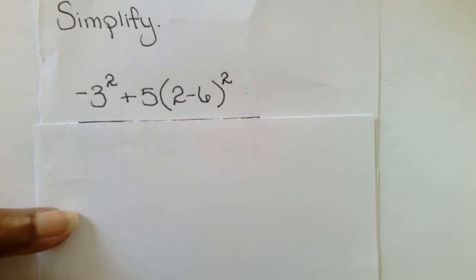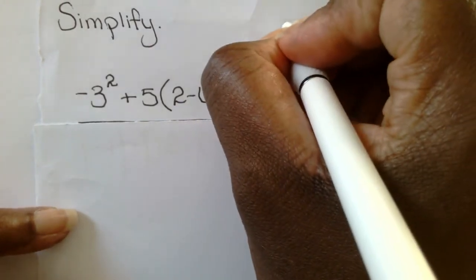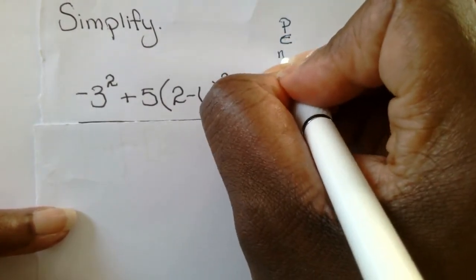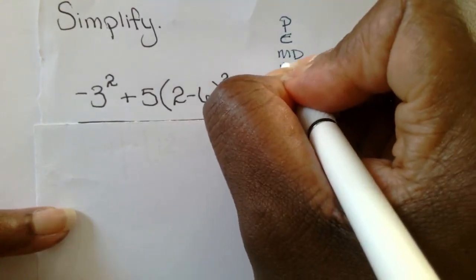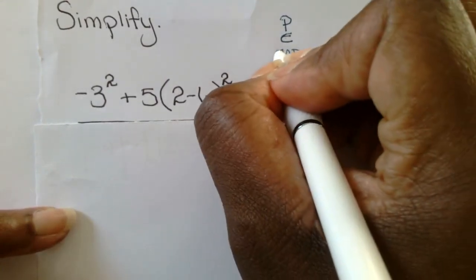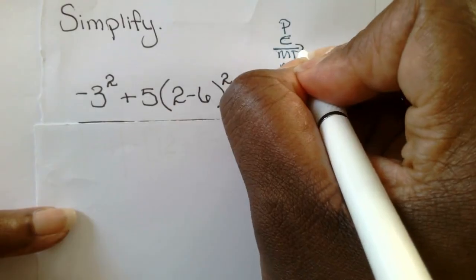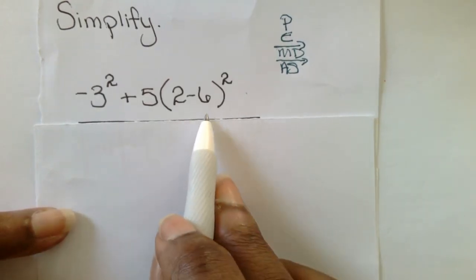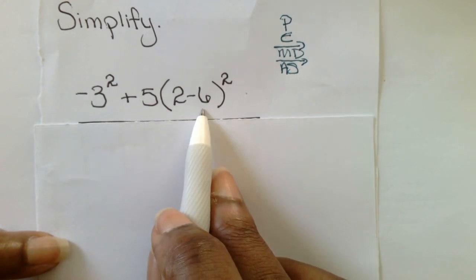Now, the first thing is we're going to be using what? Please excuse my dear Aunt Sally. This is the part that gets a lot of people, from left to right. So the first thing that we're going to do is what's inside the parentheses.